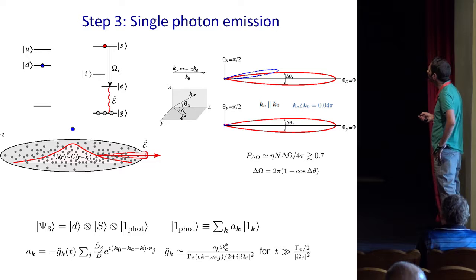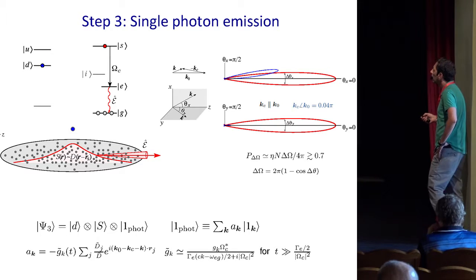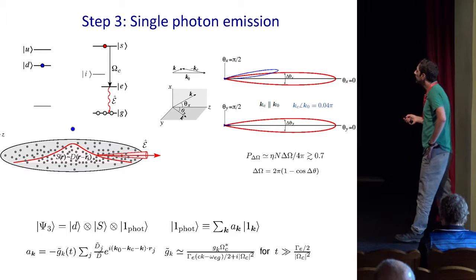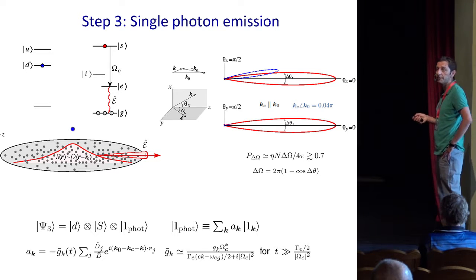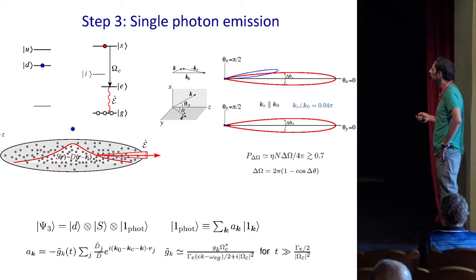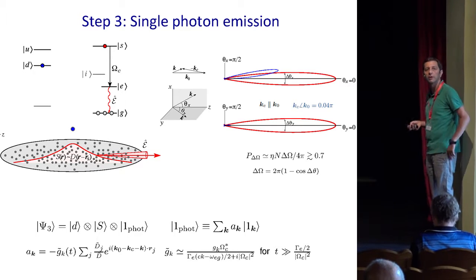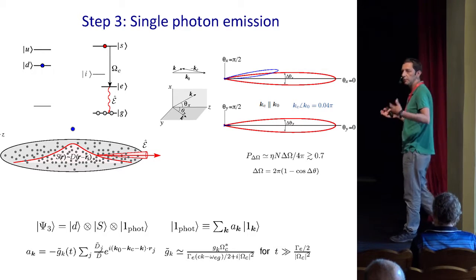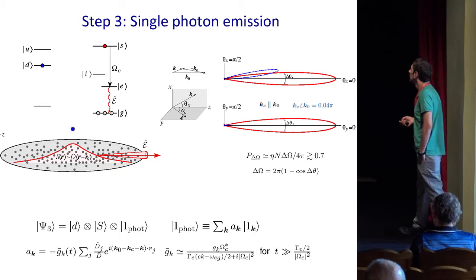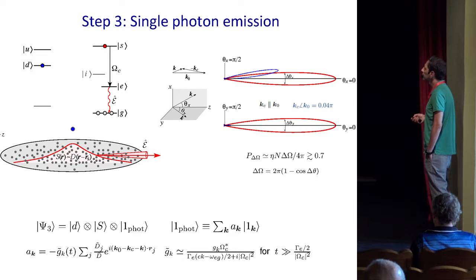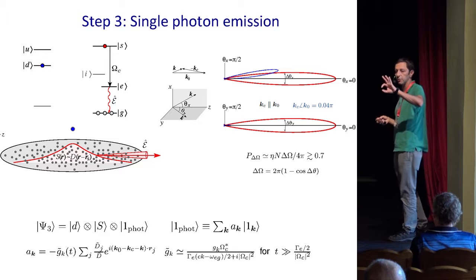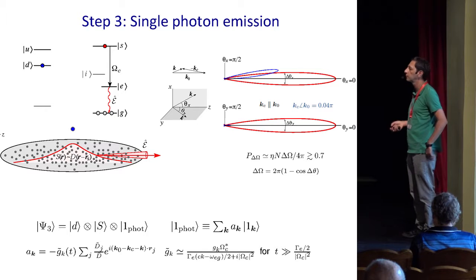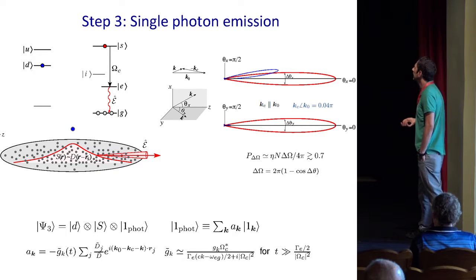And this single photon is emitted in a narrow solid angle, and we can have a very high probability of emission of this single photon in the narrow solid angle versus the 4 pi emission if we use many atoms. In this particular example, I used about 1,000 atoms in a Gaussian trap, which has a few micron cross section and about 10 micron length.